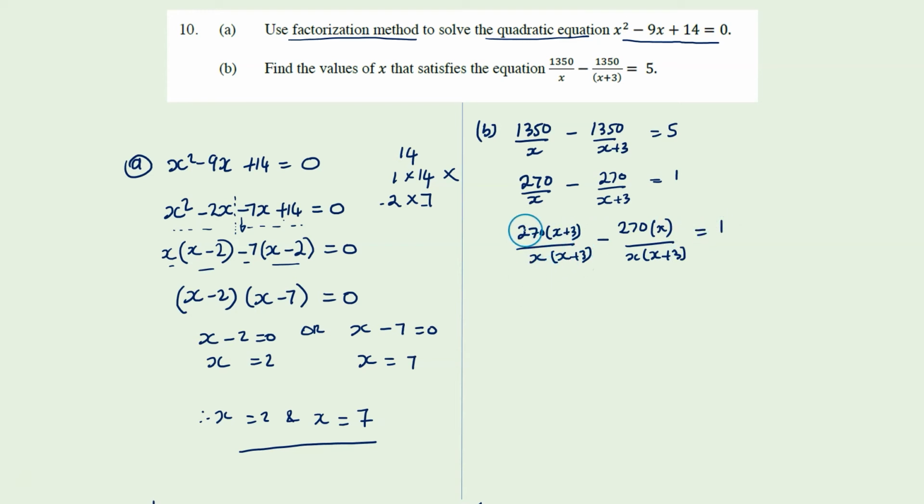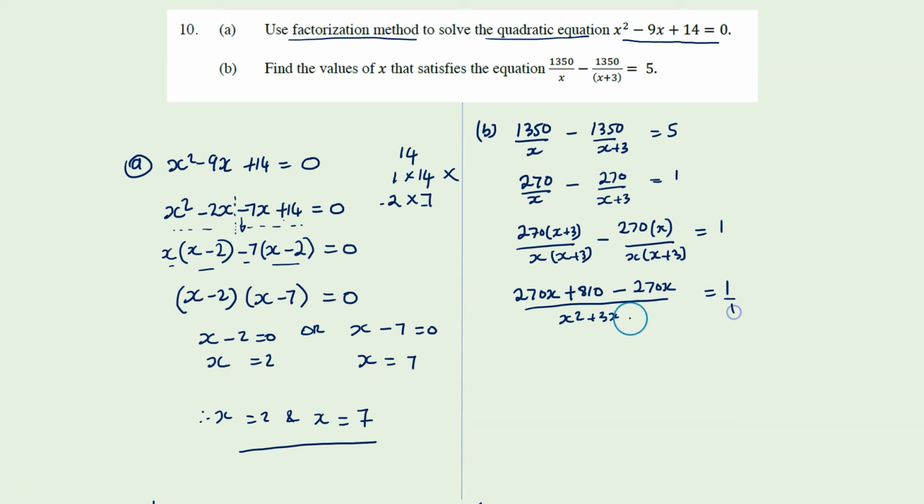At the same time, I will take this out of the bracket. So 270 times x gives me 270x. And 270 times 3 gives me 810. And then minus 270x. Everything divided by, I might as well multiply this out, x squared plus 3x equals 1.